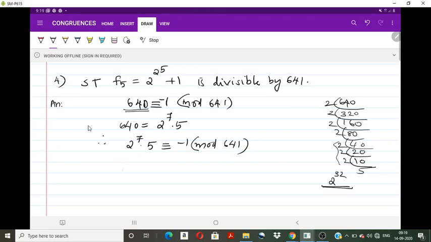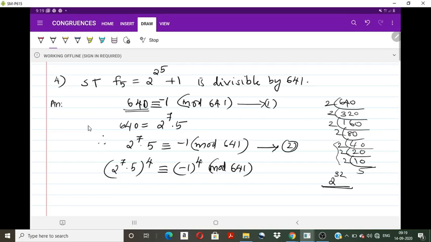So we can take the fourth power of this equation. Taking the fourth power, we have (2 raised to 7 into 5) raised to 4 is congruent to (minus 1) raised to 4 modulo 641.